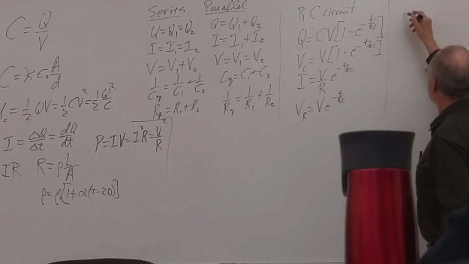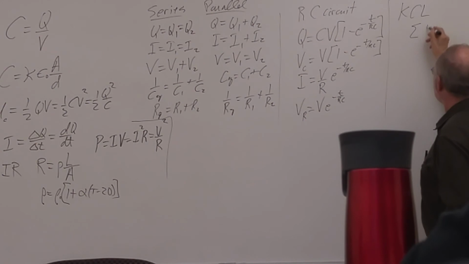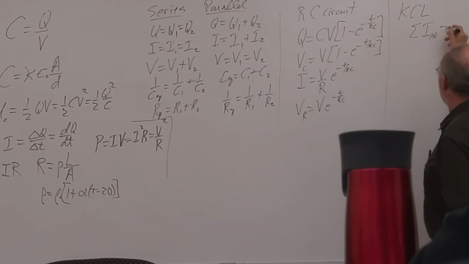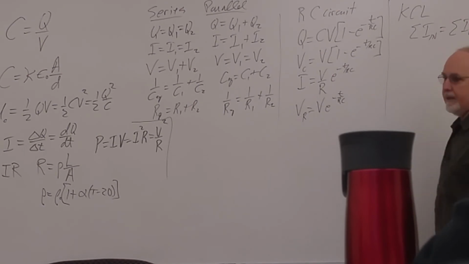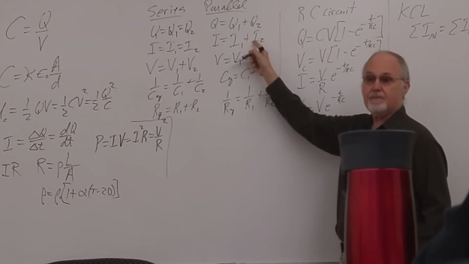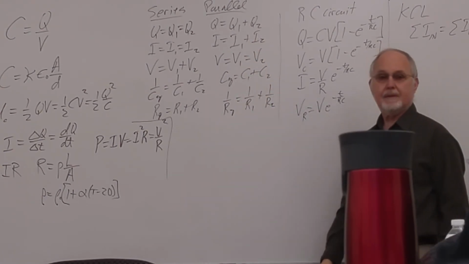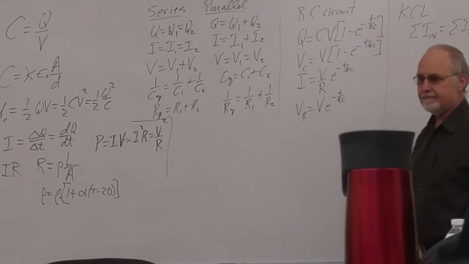And so you've got Kirchhoff's current law that says the sum of the currents going into a point has to equal the sum of the currents coming out of a point. And that's just like resistors in parallel. What goes in has to equal what comes out of that branching point.